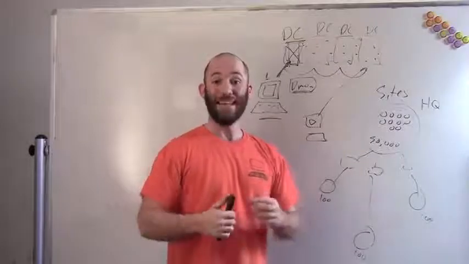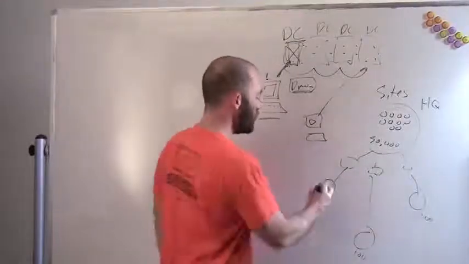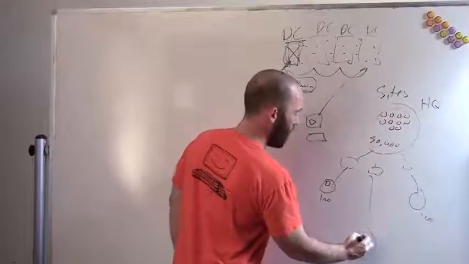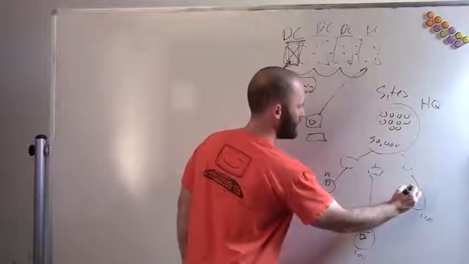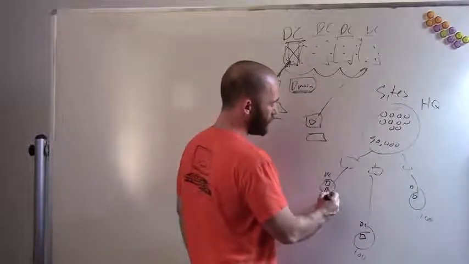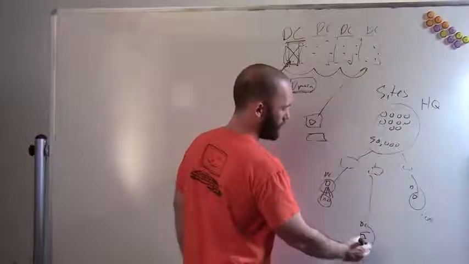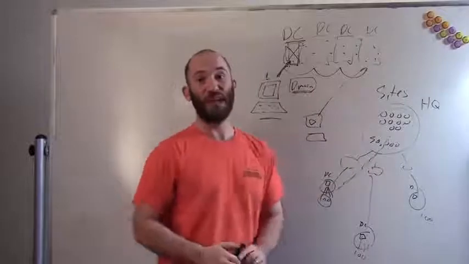And so many times at these remote sites, you put in their own domain controllers, DCs, so that when the users log in, they log into the local domain controller versus having to send all of that information over the network.